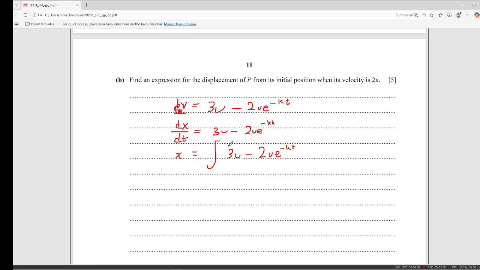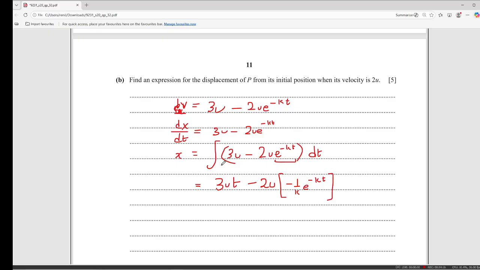Integrating this with respect to t, yeah, so we get 3u times t. This is the simple integration. Minus, we can factorize 2u out, and now integrating e to the power of negative kt will give me negative 1 by k times e to the power of negative kt.